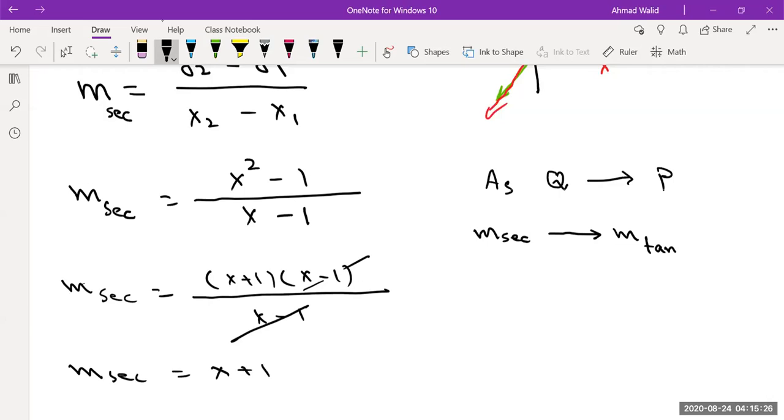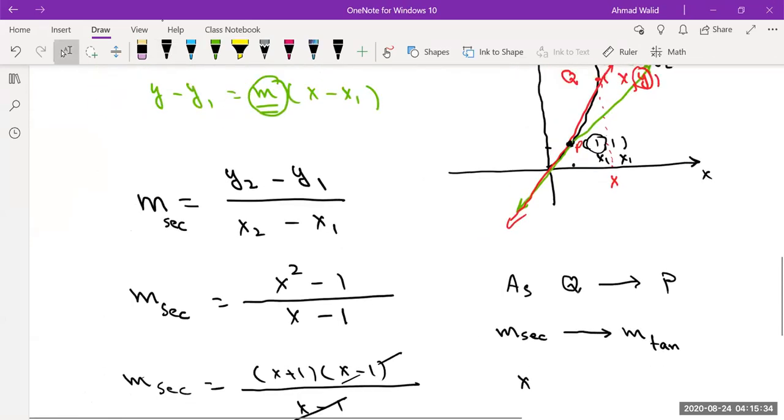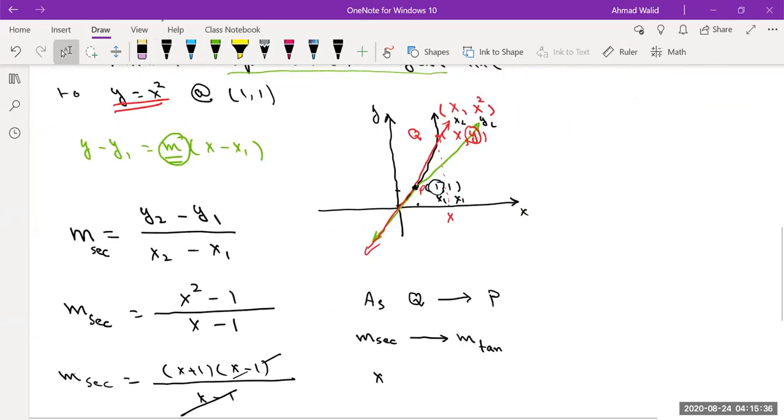Now, as Q is going closer to P, it means your x is approaching 1.